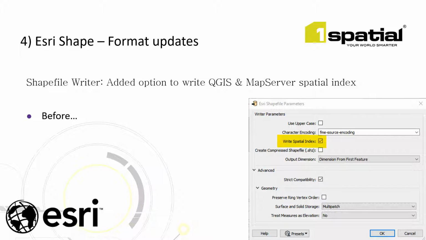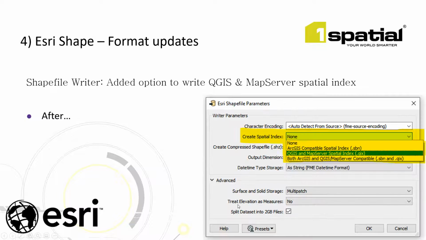So you could turn on that option and then you would generate a spatial index that was supported by ESRI tools, which was great. In the old days you actually had to have an ESRI license and ESRI installed in order to get that capability. Now you don't need that.